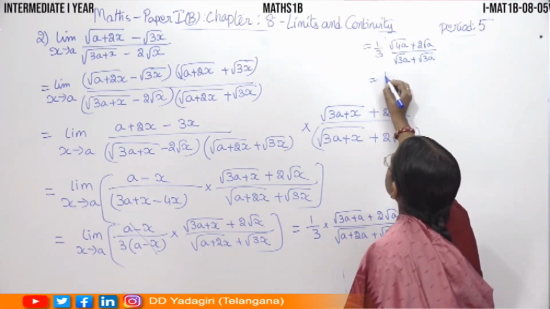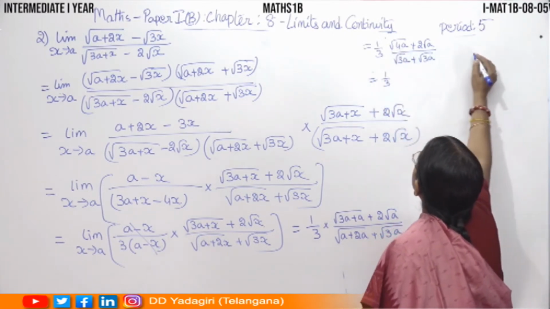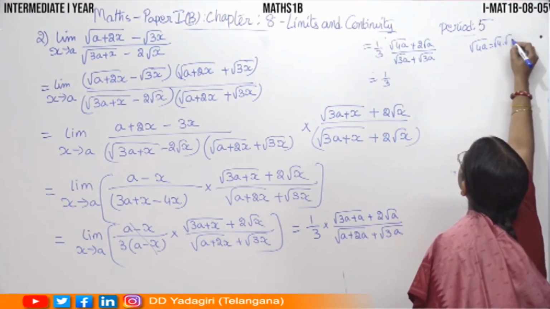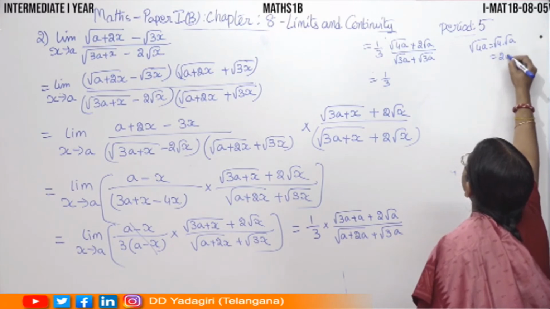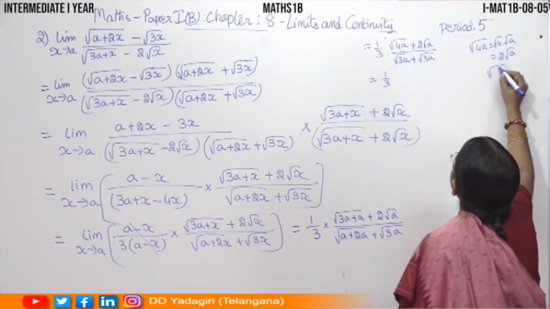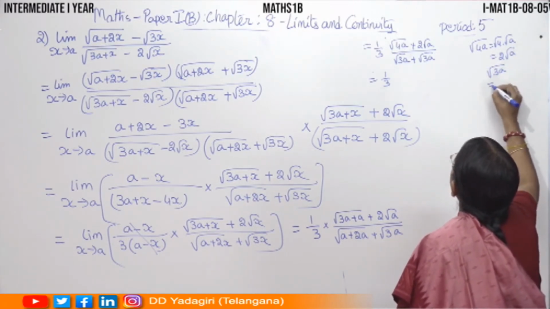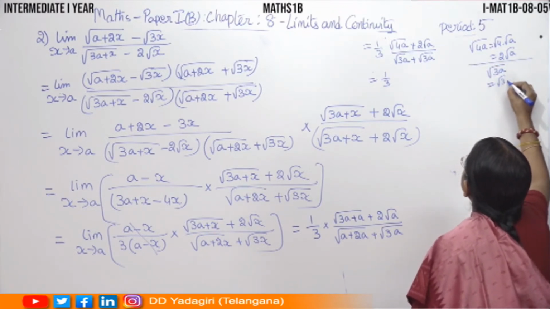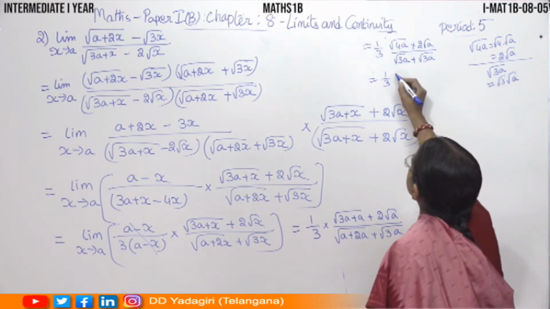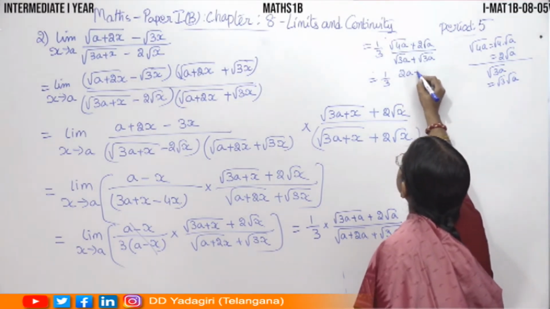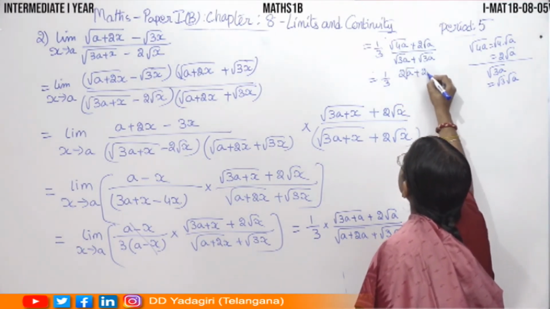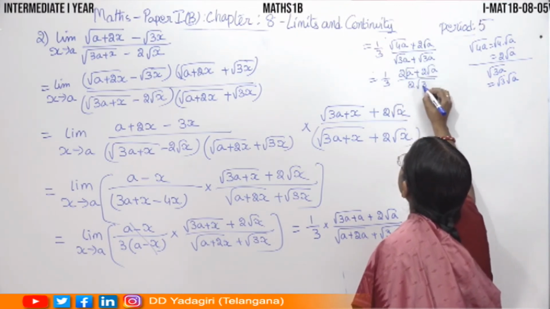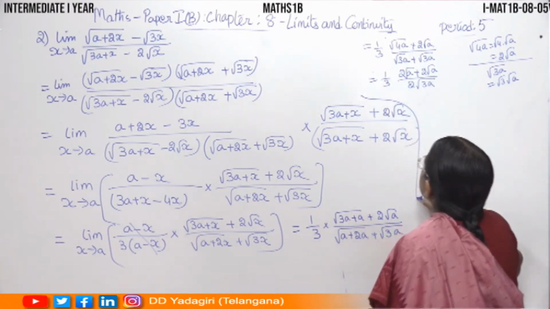So when you simplify, it is 1 by 3 into, root 4a is root 4 into root a, that is 2 root a. Similarly, root of 3a can be written as root 3 into root a. So this is 2 root a plus 2 root a by 2 times root 3 into root a.